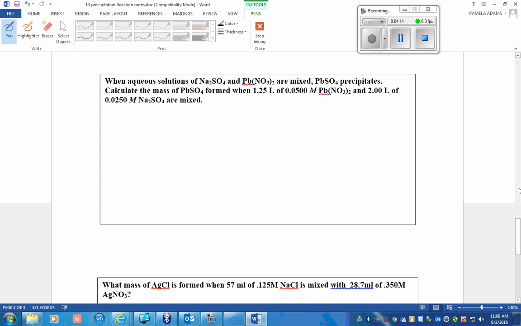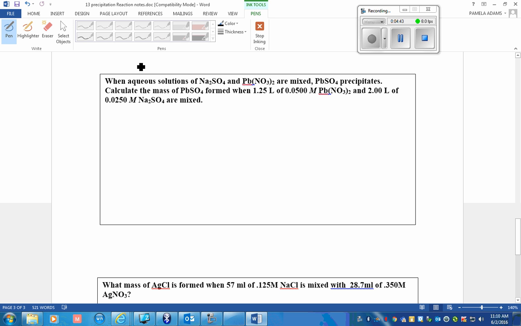It says, when aqueous solutions of sodium sulfate and lead 2 nitrate are added together, a precipitate forms. The precipitate is lead sulfate. Calculate the mass of lead sulfate formed when 1.25 liters of the 0.05 molar lead 2 nitrate and 2 liters of the 0.025 molar sodium sulfate are mixed together.